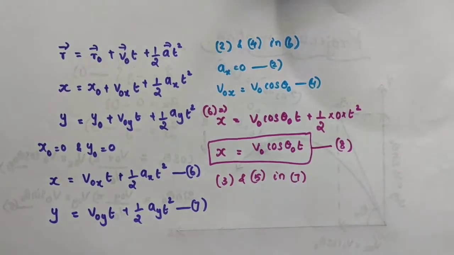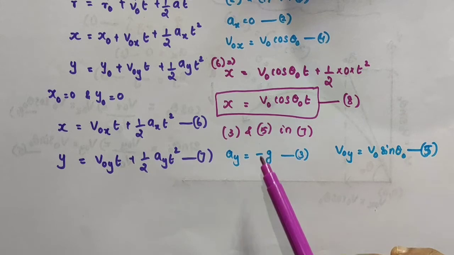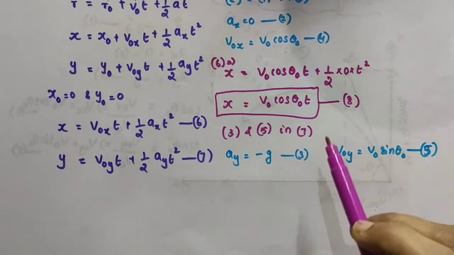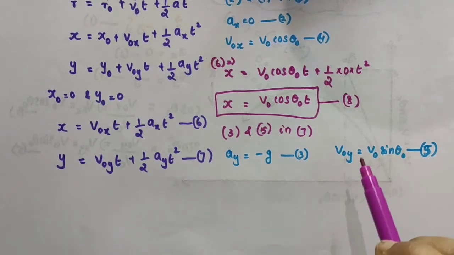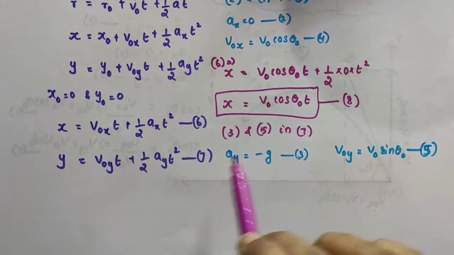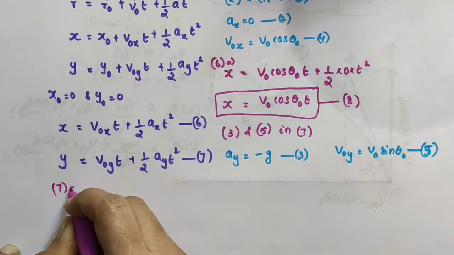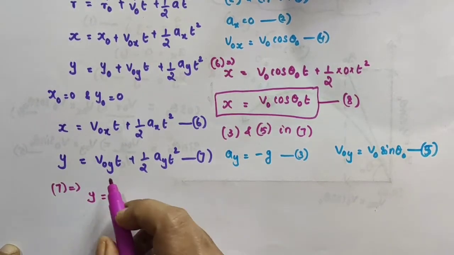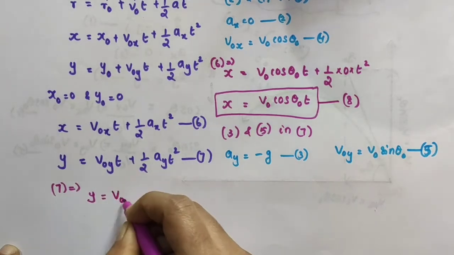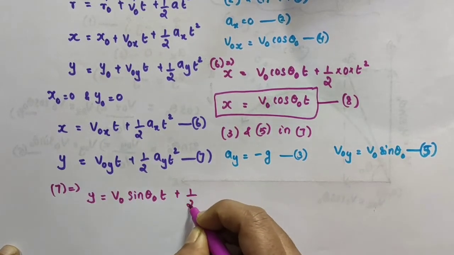Now I am going to substitute equation number 3 and equation number 5 in equation number 7. What was equation number 3? The y component of acceleration is equal to minus g, and equation number 5 was v0y, the y component of the initial velocity, that is v0 sin theta 0. So when we substitute these two equations in equation number 7, y equal to v0y, that is v0 sin theta 0 into t, plus half into ay.